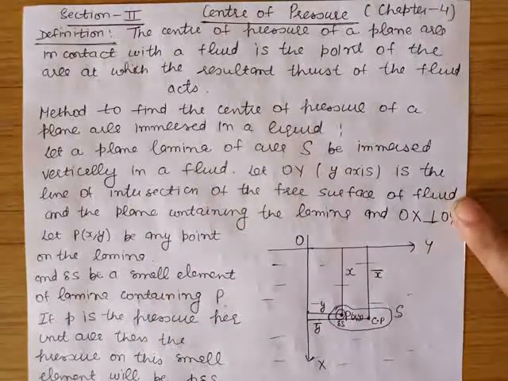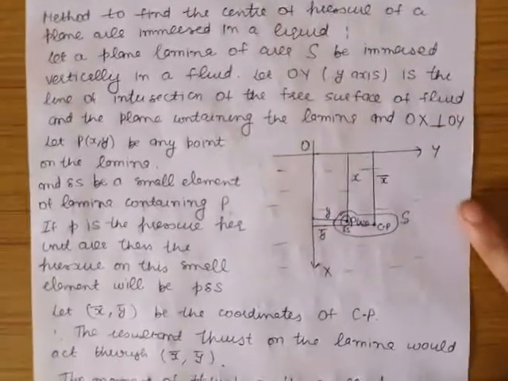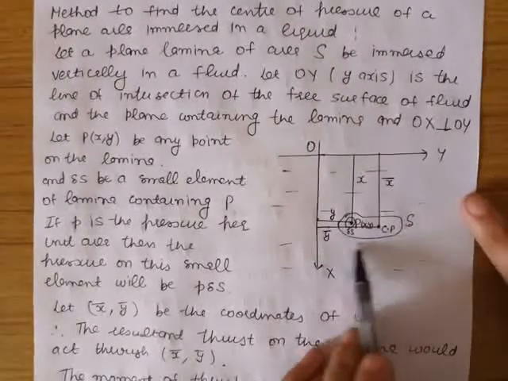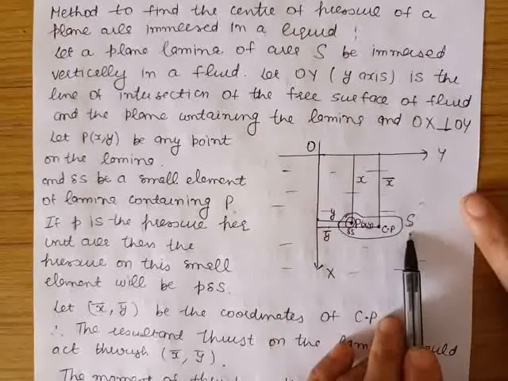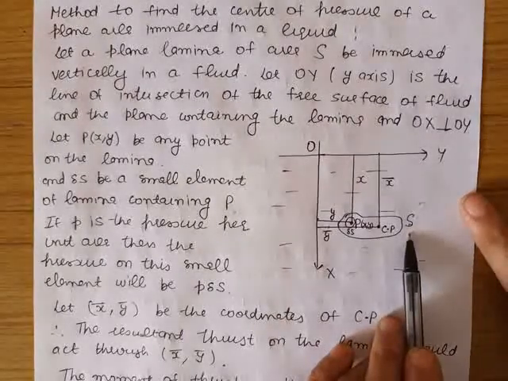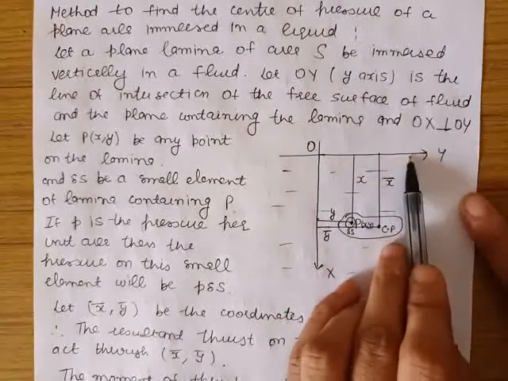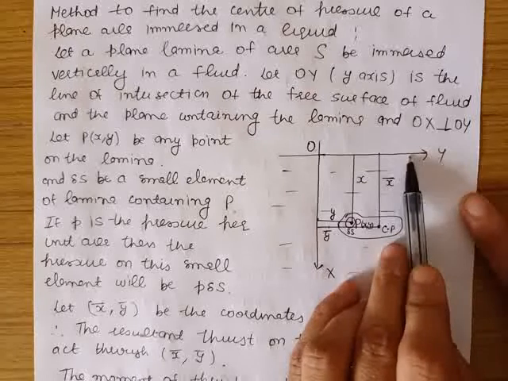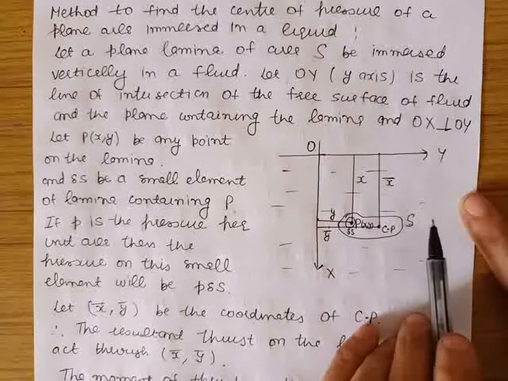Now, let us discuss the method to find the center of pressure of a plane area immersed in a liquid. So, let us consider this is a plane area S which is immersed vertically in a fluid. The line OY is the line of intersection of the free surface of the fluid and the plane containing the lamina.